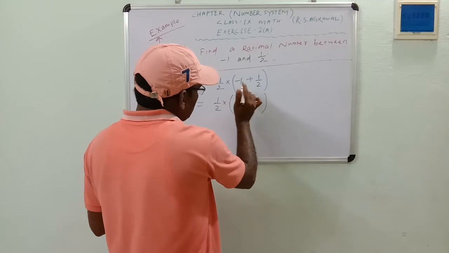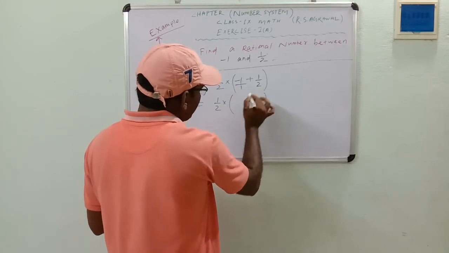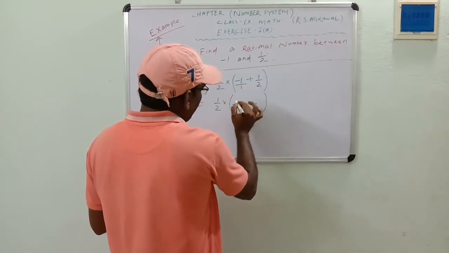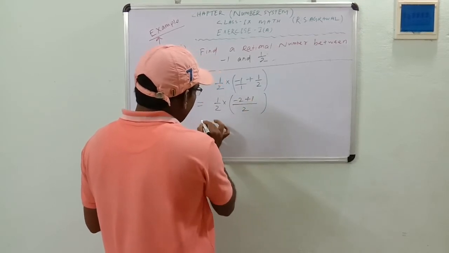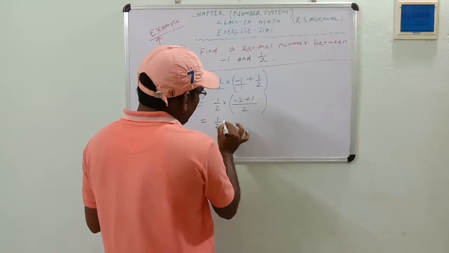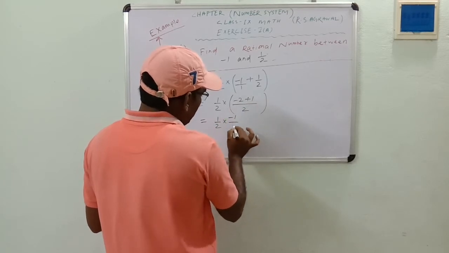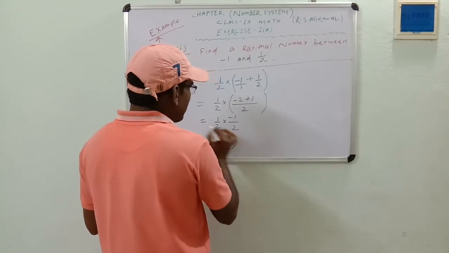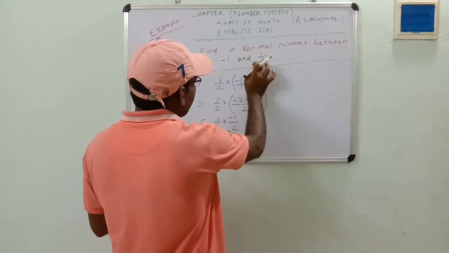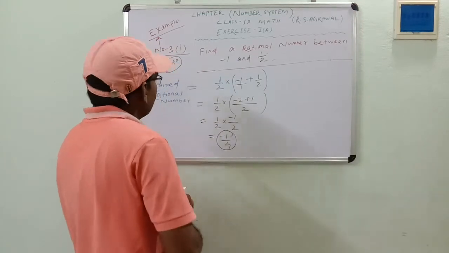Here the denominator is 1, so take the LCM, that is 2. It will be -2 plus, it will remain the same, that is 1. Now 1 by 2 into -1 by 2, so finally you get -1 by 4. So it is your required rational number between these two given rational numbers. So note it.